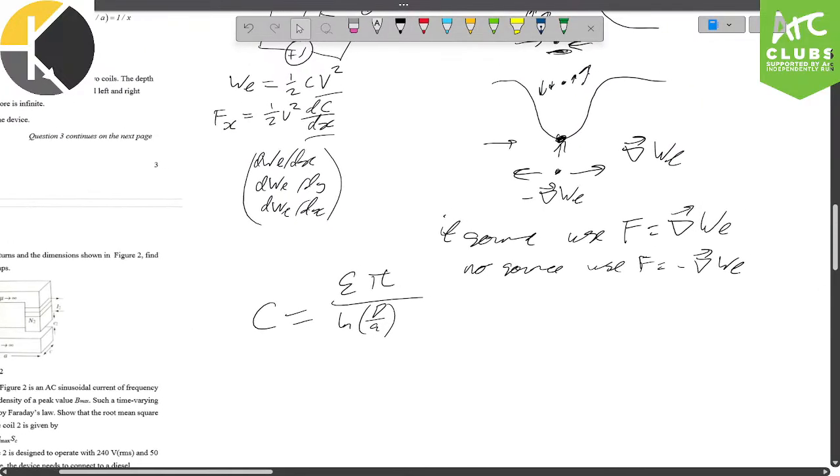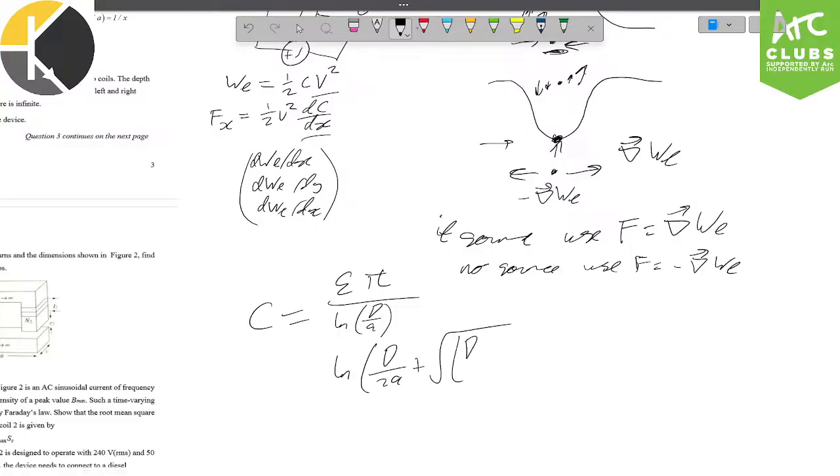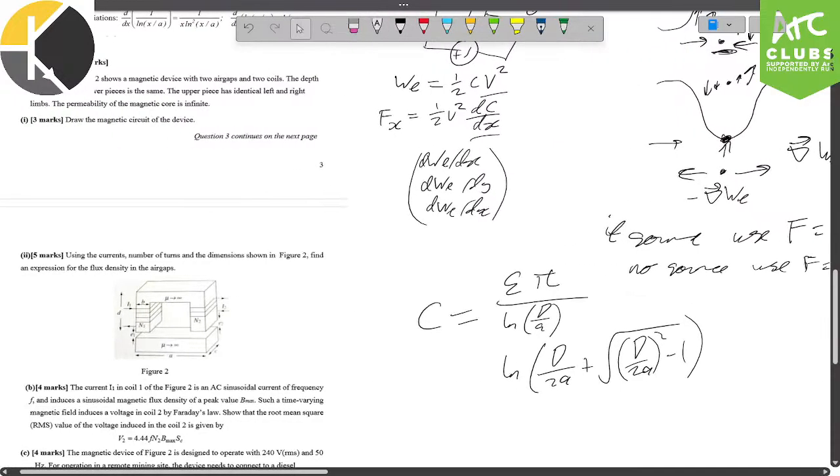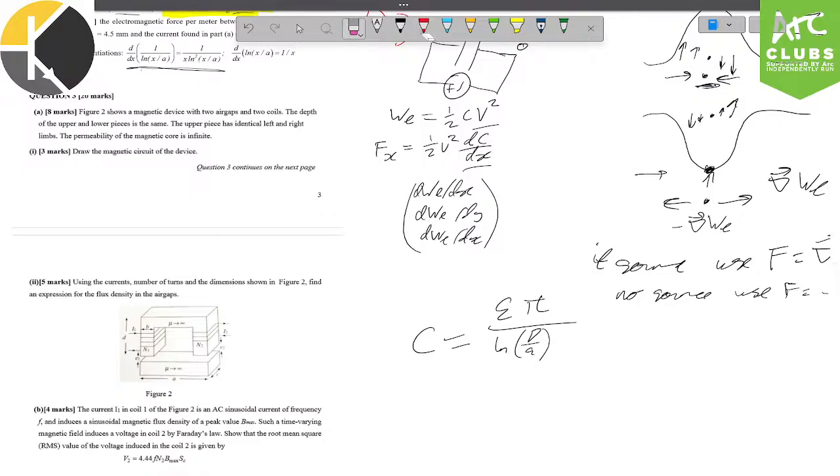So the reason we do this is just because the ln of the D on 2A plus the square root of D on 2A all squared, minus 1 is going to be approximately equal to, the derivative is a lot more difficult to compute, and they've given us a little example on how to go ahead and differentiate the 1 on ln, which is the approach that we're going to take.